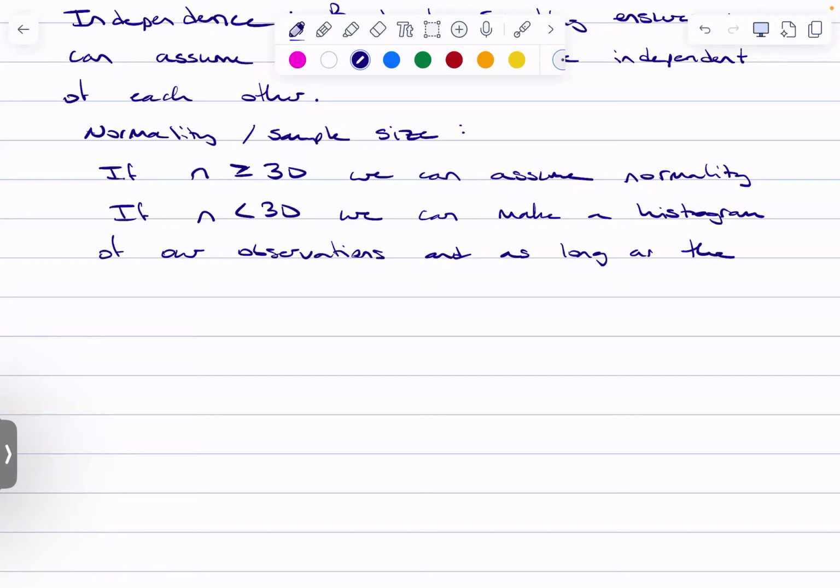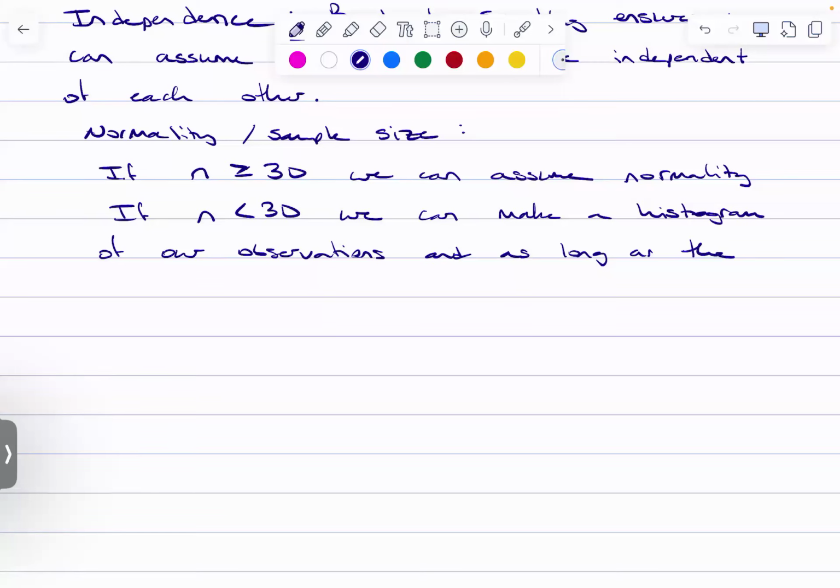Now, this is where, depending on how not normal it looks, we get a little bit flexy, right? You can say, I don't know, I think if I collected more data points, it would start to look like a normal distribution, right? You're kind of talking your way into this condition. And so just remember that.